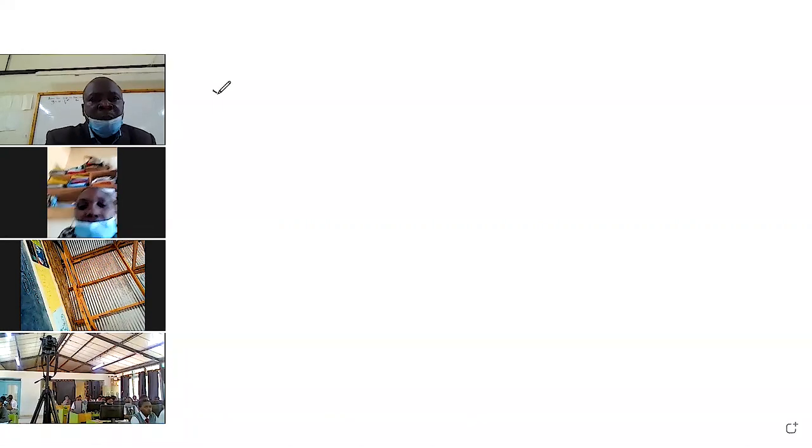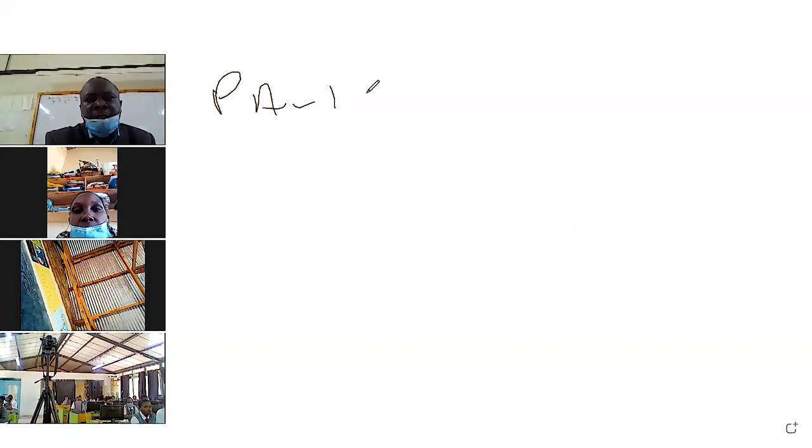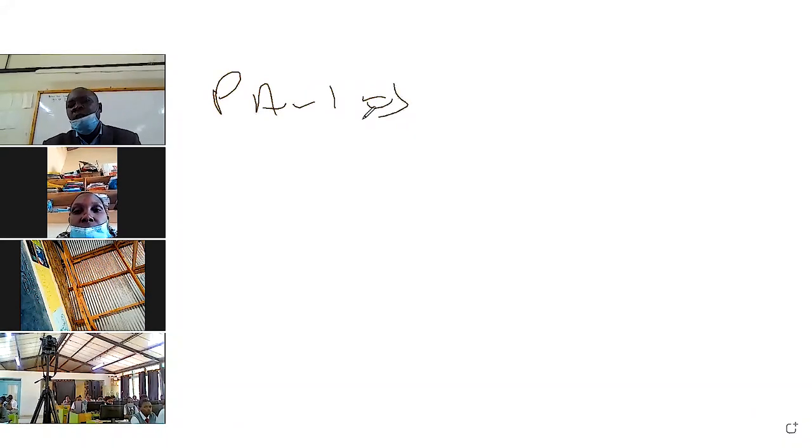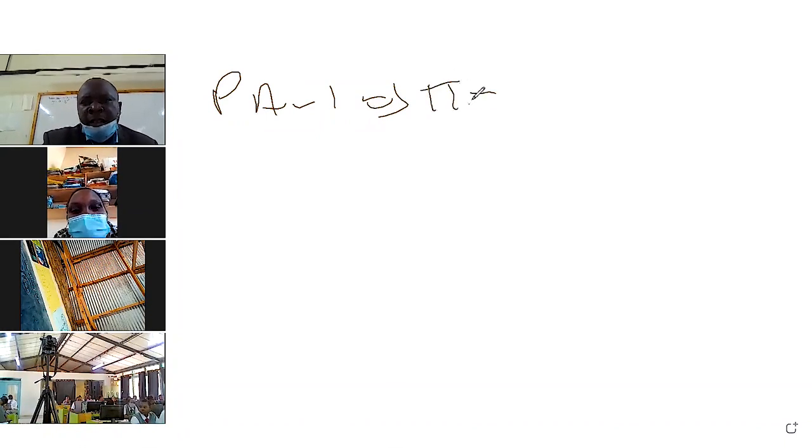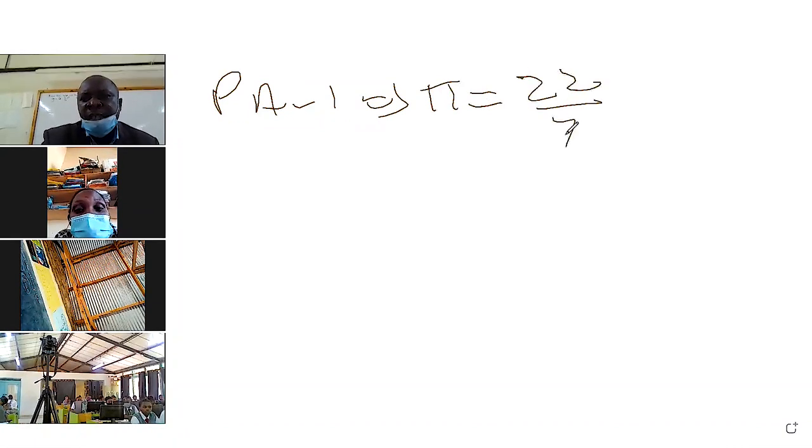On the PA, maybe something I jumped. On the PA, because of the premature approximation, one, it means we are supposed to use 4 significant figures. And that's why when we are joining from 1, you are told to come with 4 significant figure tables from NEC. So for PA, again, if we are going to use pi, there are 3 pi's which we can use. There is the famous one, 22/7.